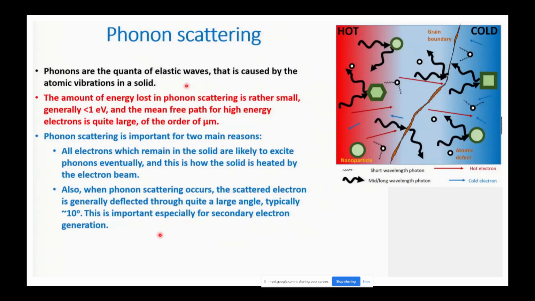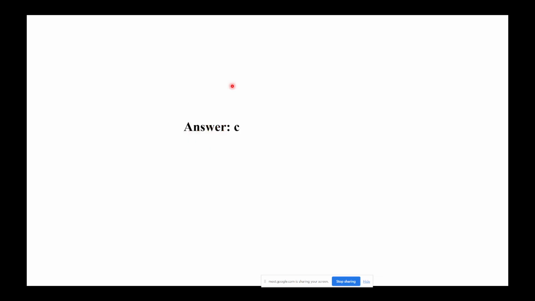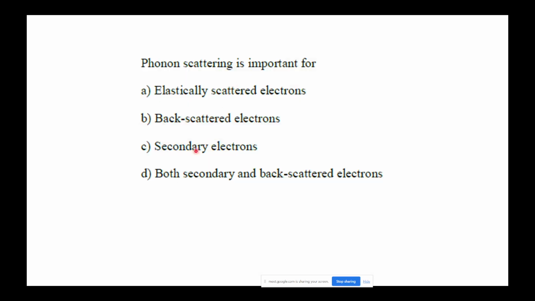I will explain this when I explain how the electrons are generated from different depths, like secondary electrons and that. So why is this important? For the time being, it is important for the secondary electron to have the phonon scattering. So the answer is C, secondary electron.